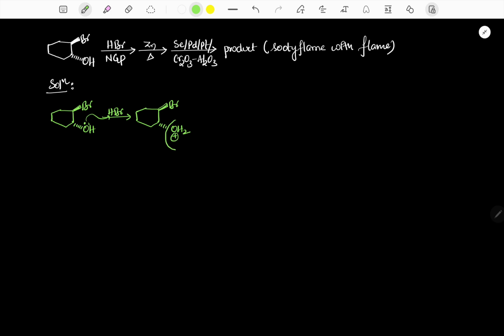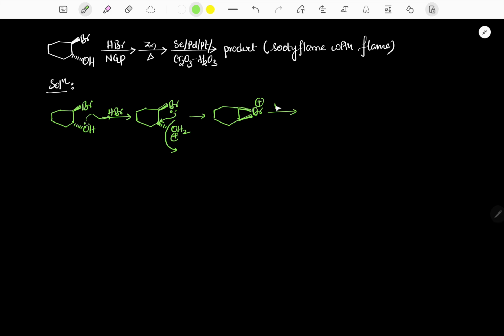When H2O leaves, this carbon gets a positive charge. When this carbon gets a positive charge, bromine immediately donates its lone pair and forms the corresponding three-membered cyclic halogen ion, because within the molecule a nucleophile is available.